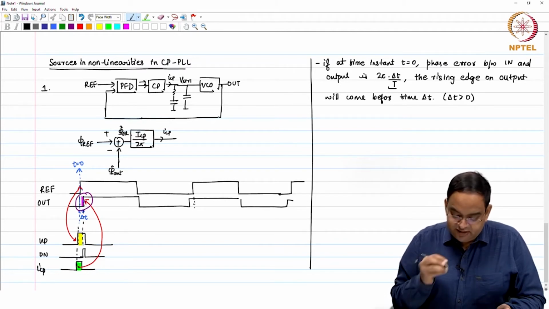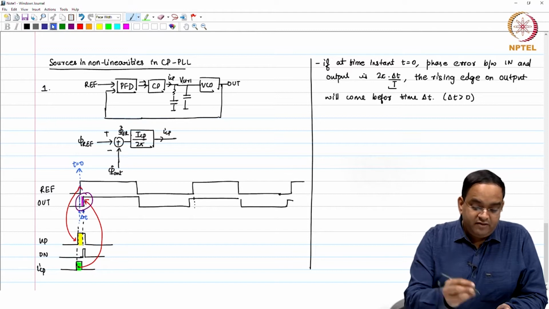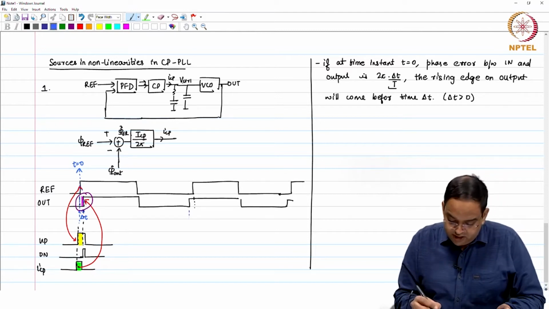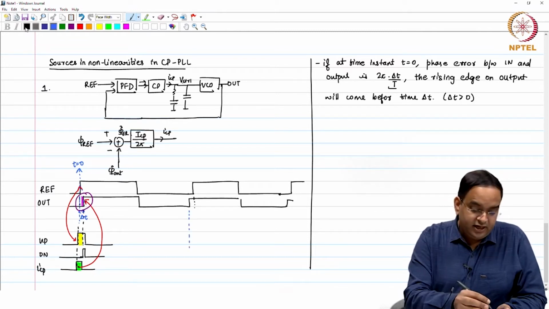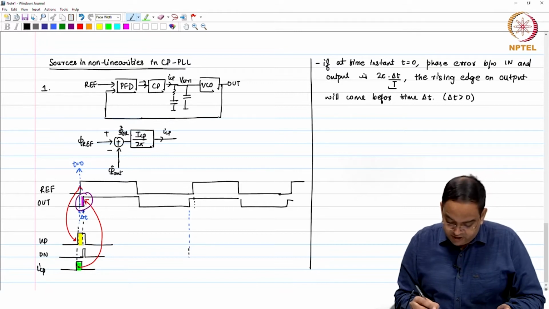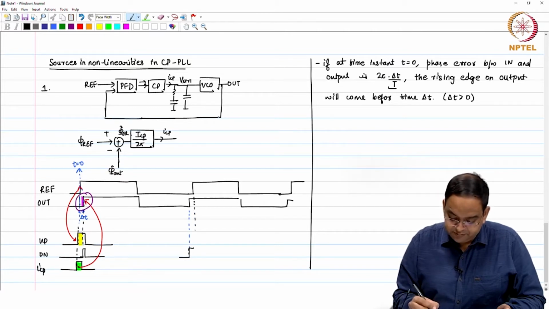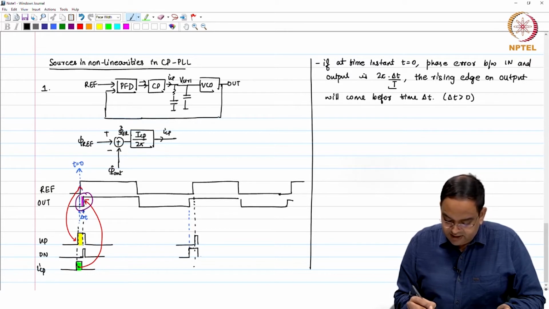So, first I get the rising edge on V. If I get the rising edge on V, then my down pulse will go high first. Okay. And the up pulse will go high later when you are going to get a rising edge on out, and this will happen.